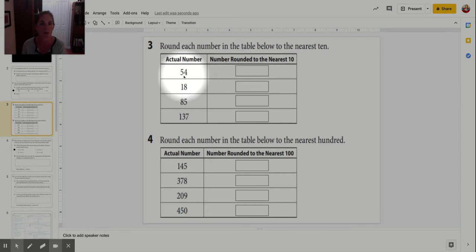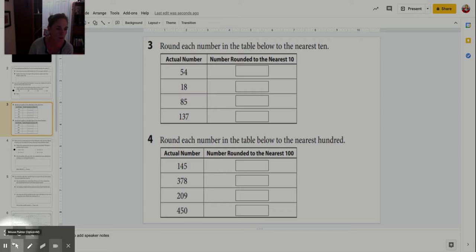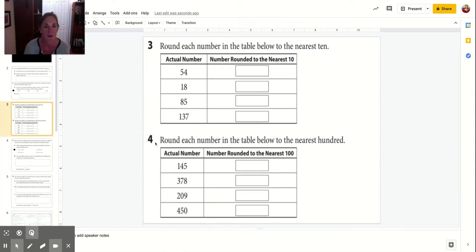So remember, you have to look next door. 4 and below, what do we do? 5 and up, what do we do? Number 4, round each number in the table below to the nearest 100. So these numbers you're going to round to the nearest 100. You can pause or keep going.